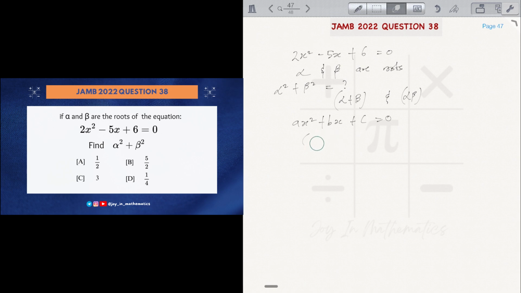this is the quadratic equation. If we divide all through by a, then we'll have x squared plus b over a x plus c over a is equal to 0.